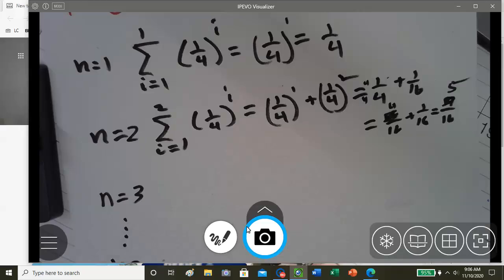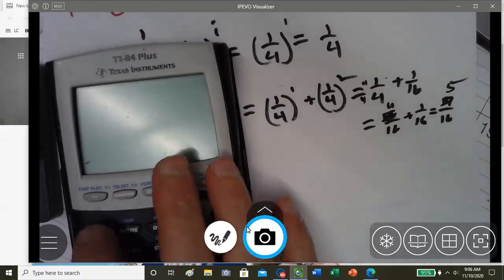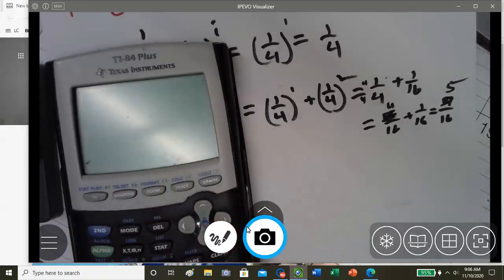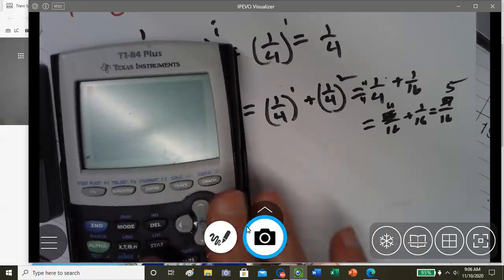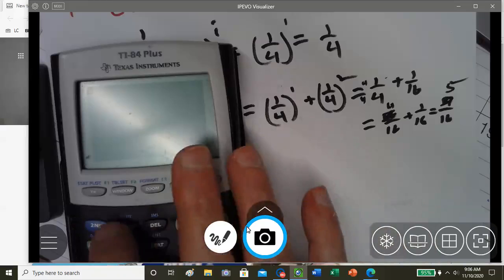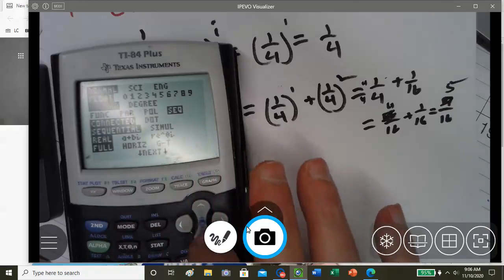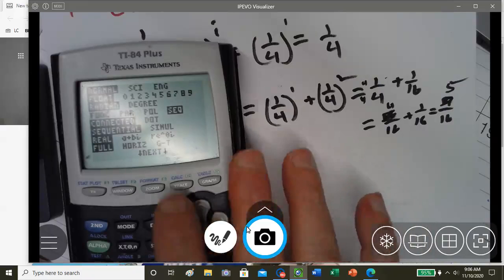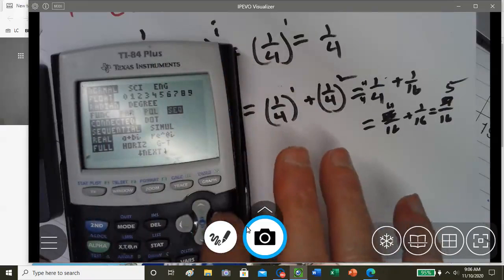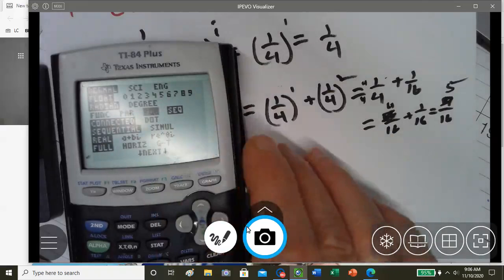So we want to go to the calculator, and the first thing we have to do is change the mode. So if we go to mode, and when we go to mode, we have to go down to function and then select sequence. Sequence is going to get darkened in.